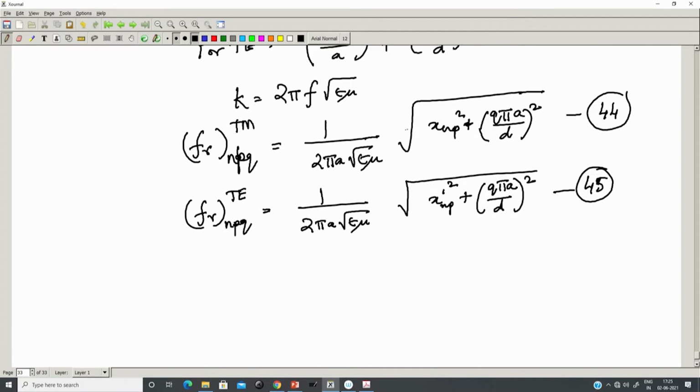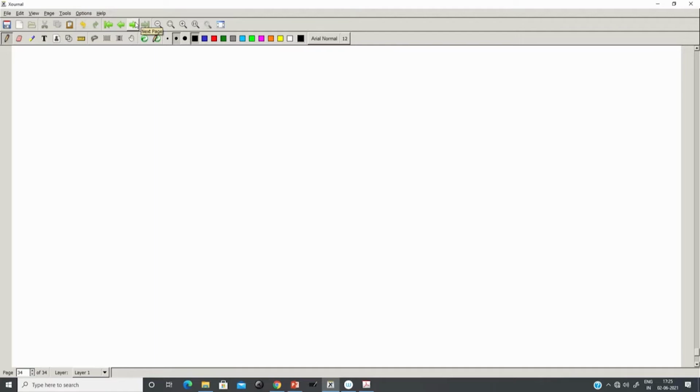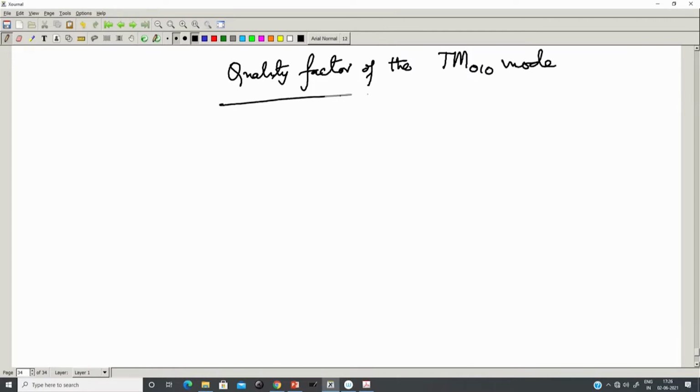Now, in order to find out the Q factor of the cavity, the quality factor of the cavity, we specialize to the TM010 mode, the dominant TM010 mode, dominant for small values of the cavity height.